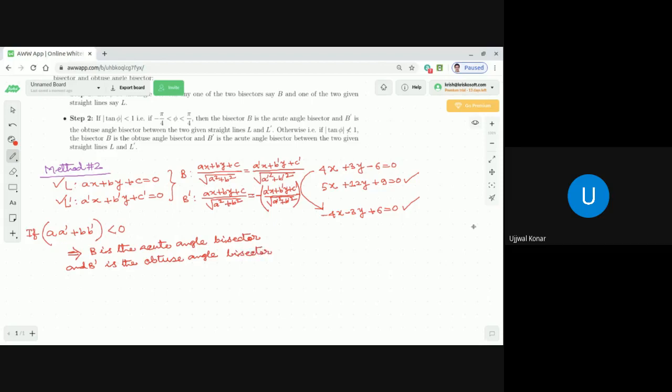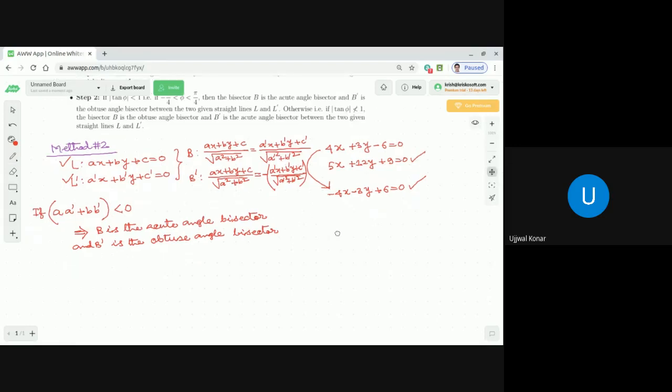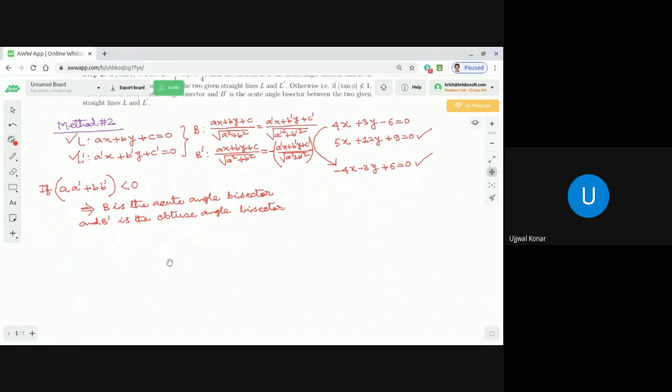Now, the other way around, if a a dash plus b b dash is greater than 0, then what can we conclude? We can conclude that b is the obtuse angle bisector.